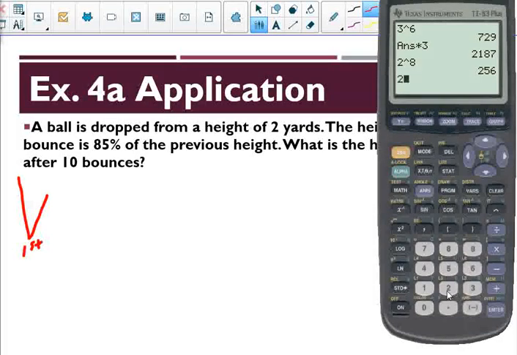So 2 times 0.85 would be 1.7. So 1.7 is 85% of 2 yards.